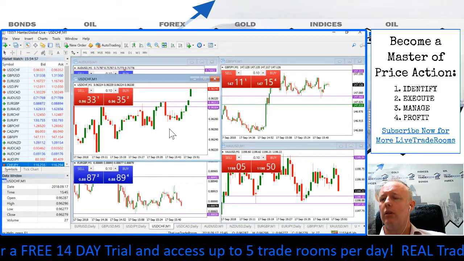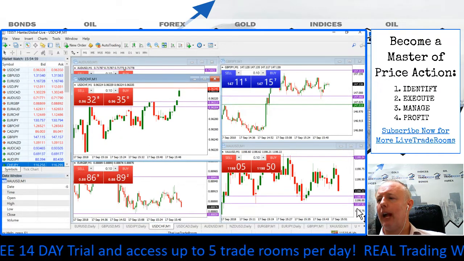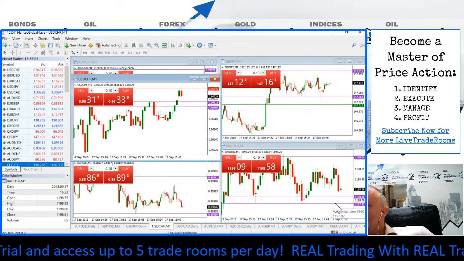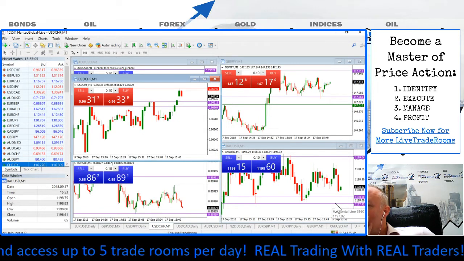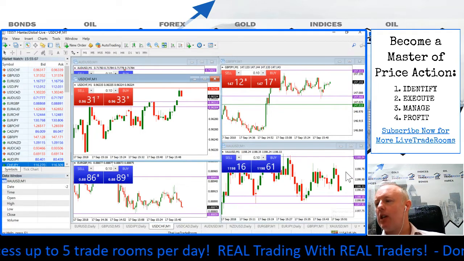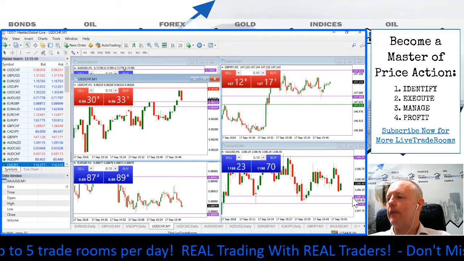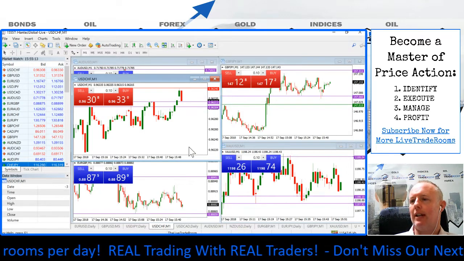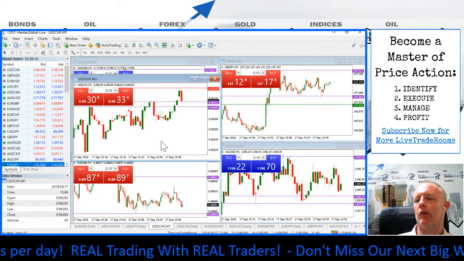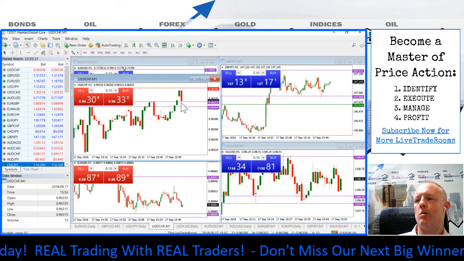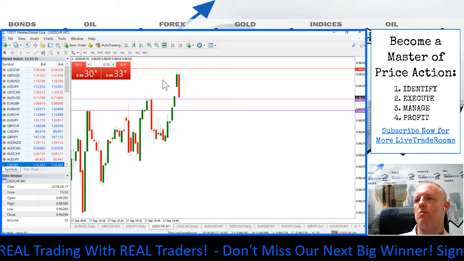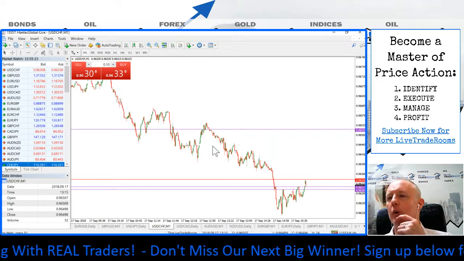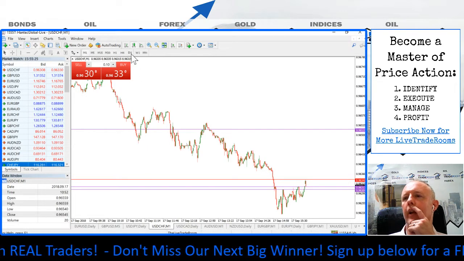So we do need to be a little bit careful. Like this flush lower is a significant amount of volatility. Let's see if we get follow through to the downside.